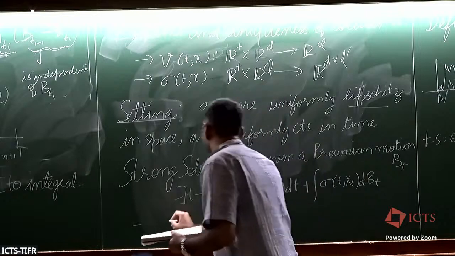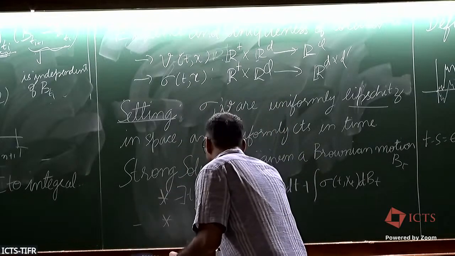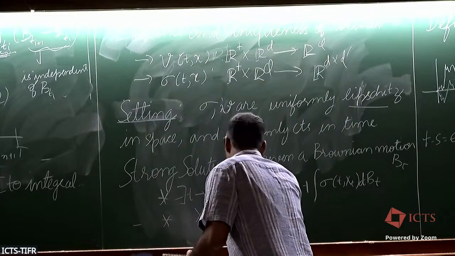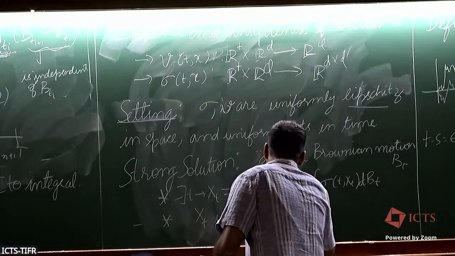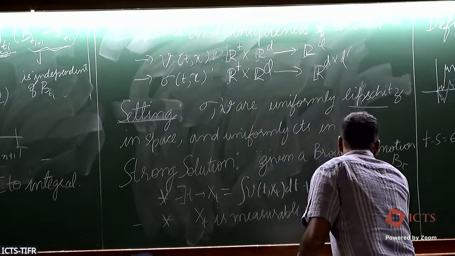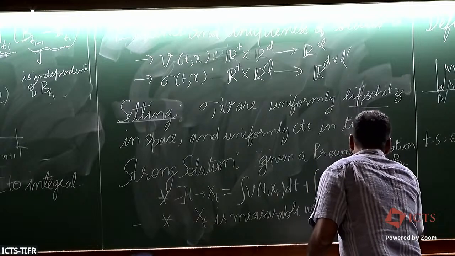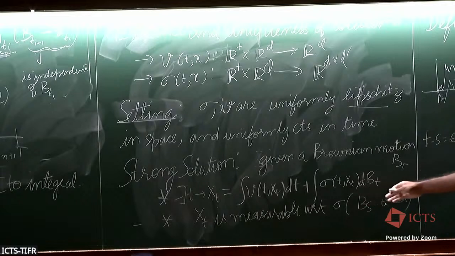And the second point is Xt is measurable with respect to sigma of Bs such that s is less than or equal to t. It's adapted to the filtration of the Brownian motion. So this is what we call a strong solution. This is good enough for our purposes.